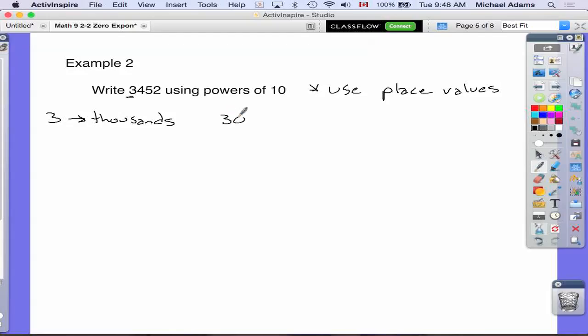So I would write it like this: 3, 0, 0, 0. 3 zeros, right? Okay. Now, could I also write this? Would this be the same thing? Yes. 3 times 1,000? Okay. Could I also write this with a base of 10 or a power of 10? What would this look like with a power of 10?